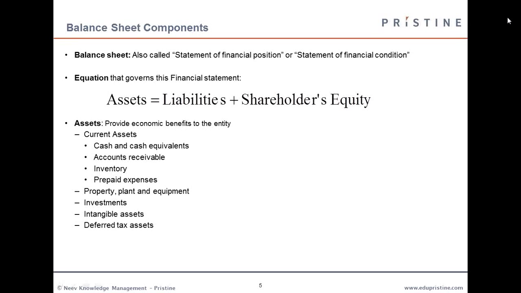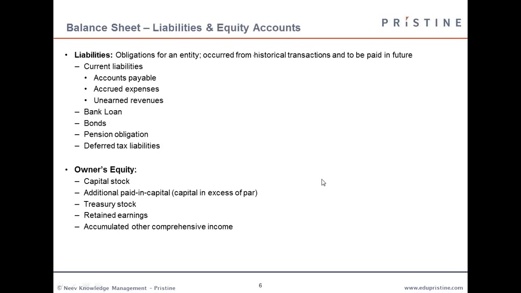They are liquid enough. So that's the basic logic behind it. Whereas when it comes to land or machinery or any equipment, they are the long-term assets. They give you economic benefits over the course of more than 1 year, say 5 years, say 10 years. So in that case, they are called non-current assets or long-term assets. So that's the thing about assets.